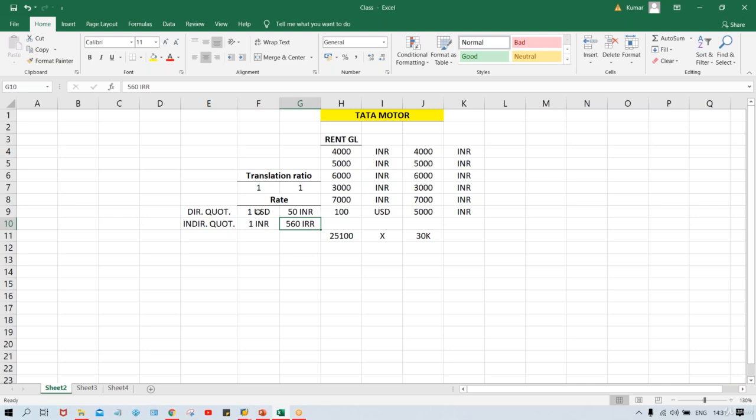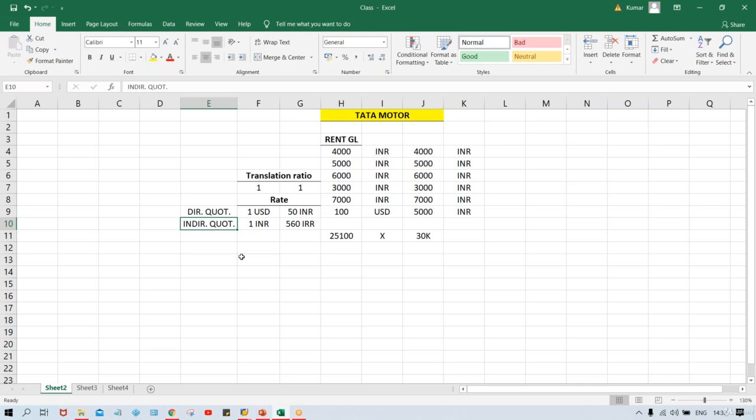This rate is going to be specified under direct quotations, and this rate under indirect quotations. Direct quotations are maintained when the local currency value is smaller than the foreign currency. In that case, the local currency value is going to be specified under direct quotations.